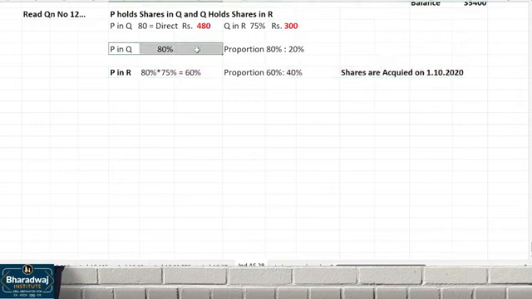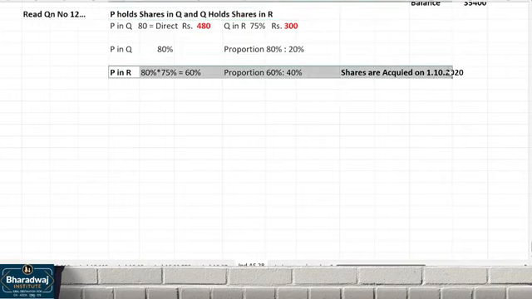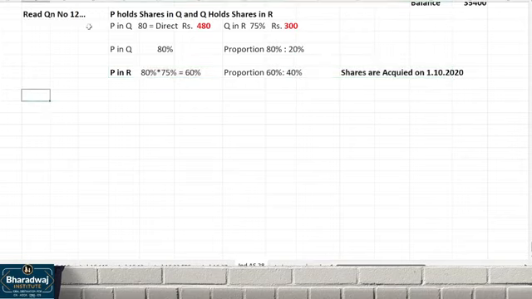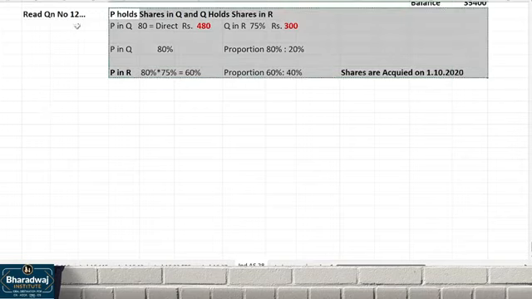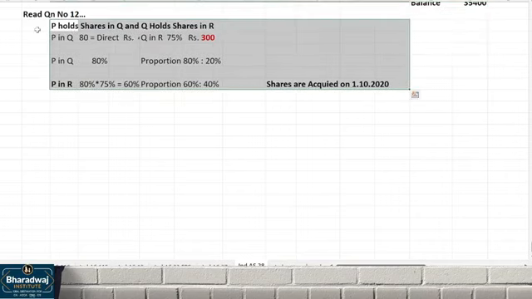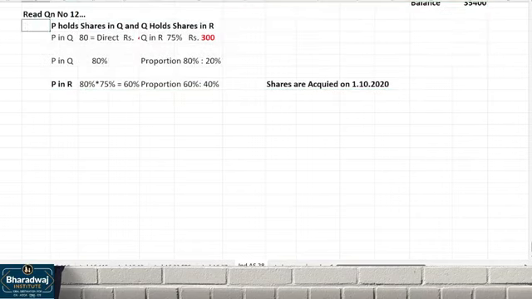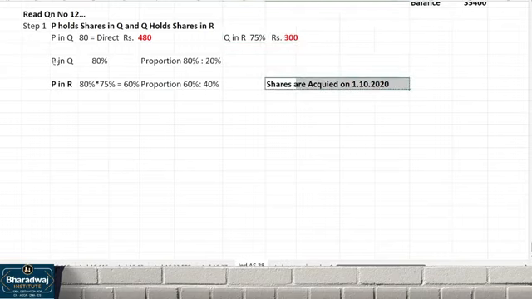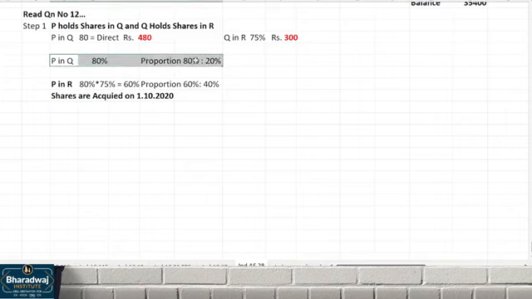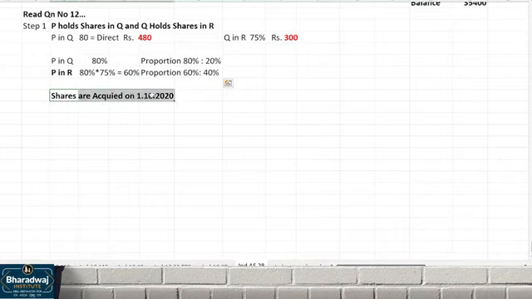Q is a direct subsidiary, R is a sub-subsidiary, so all the balance sheets should be prepared together. This is step one. All the shares are acquired on 1/10/2020.